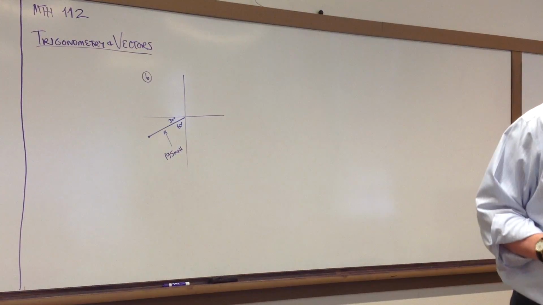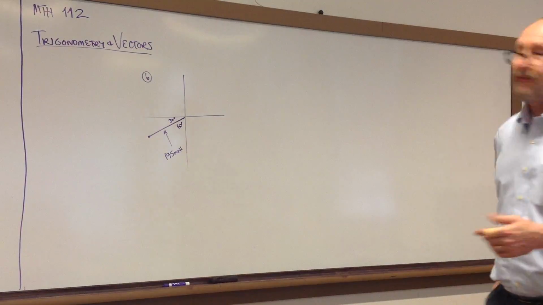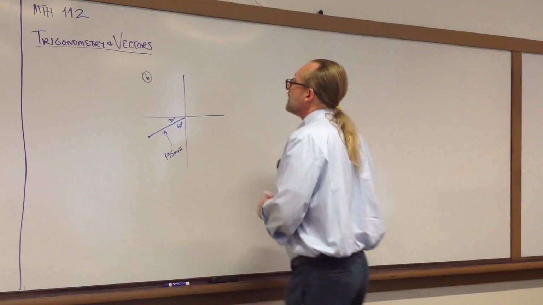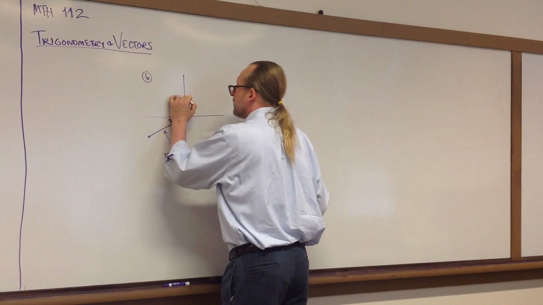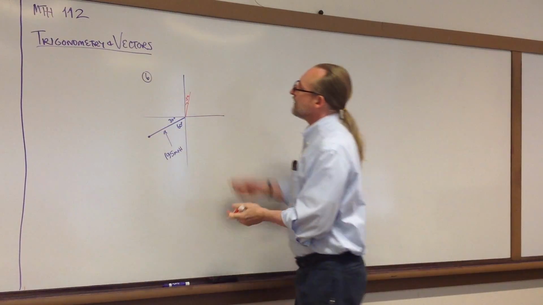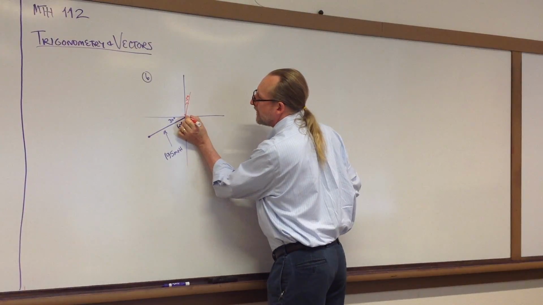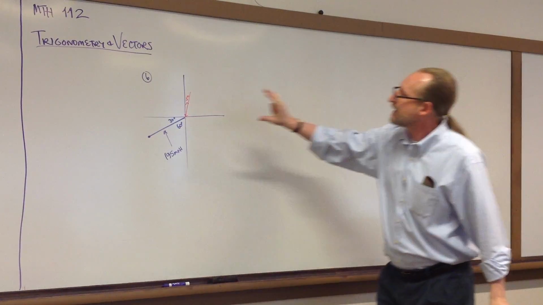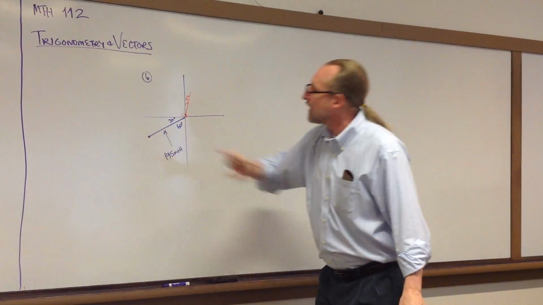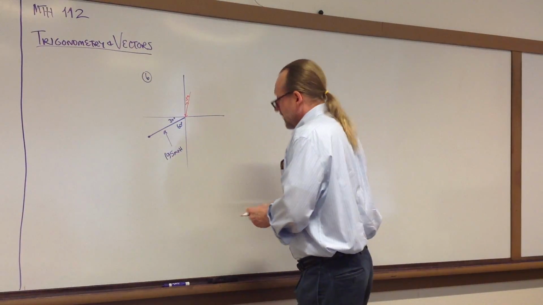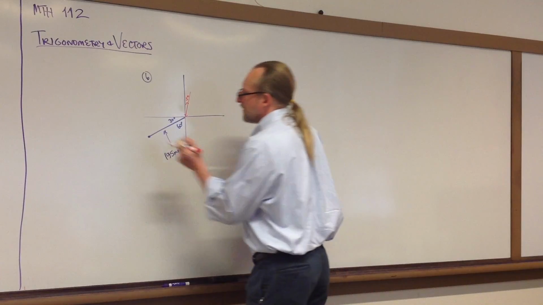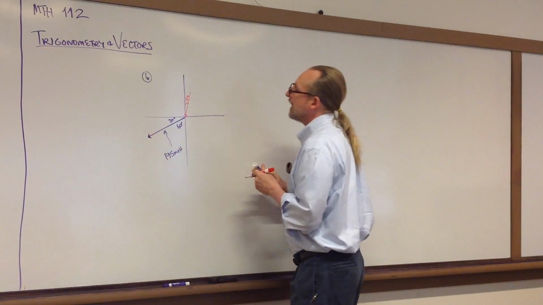The 70-mile-an-hour wind is coming from a bearing of 5 degrees. So here's the bearing of 5 degrees. That's the direction it's coming from, so it's blowing in this direction. We want to take that vector and put it onto the tip of the vector that represents the path of the helicopter.